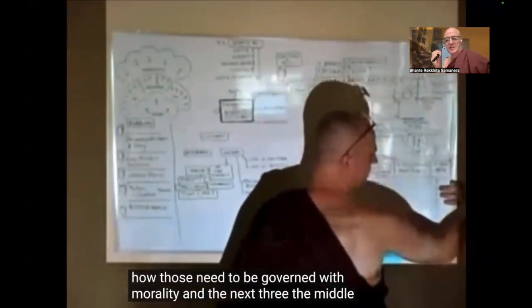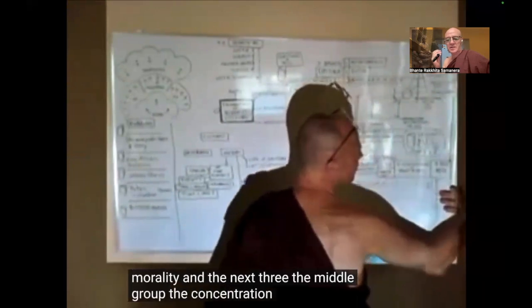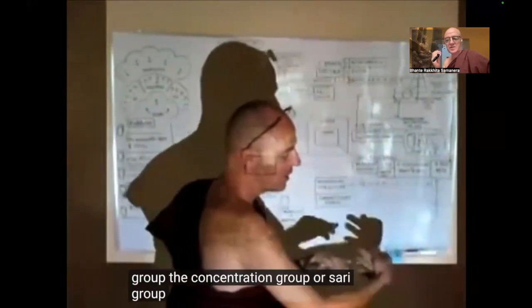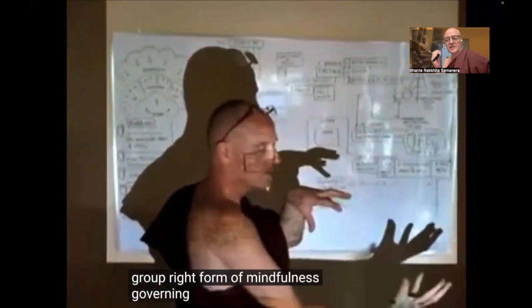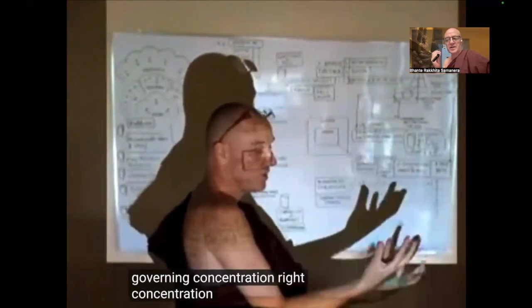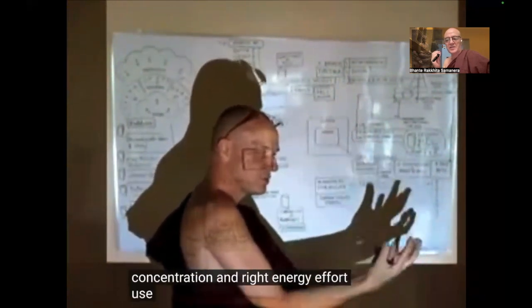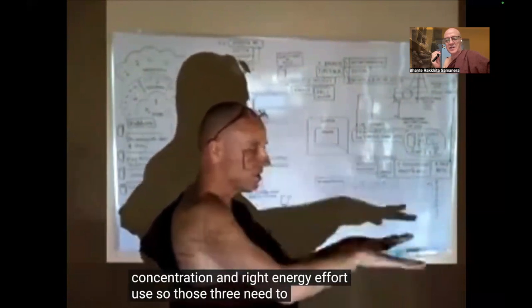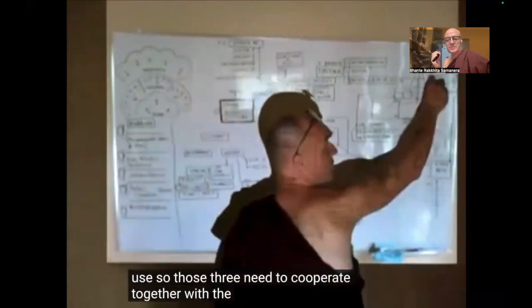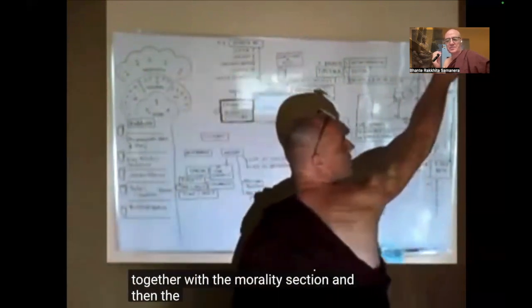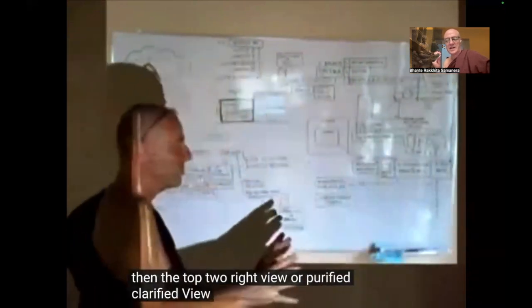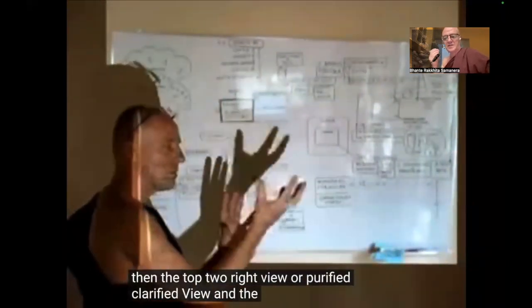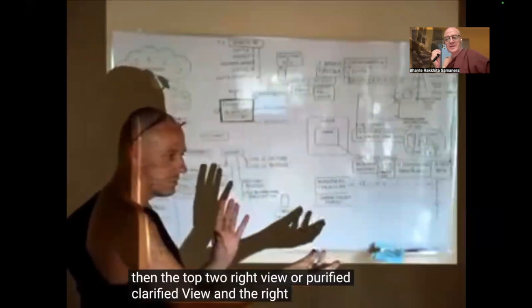The next 3, the middle group, the concentration or samadhi group: right mindfulness, governing concentration, right concentration and right energy, effort. Those 3 need to cooperate together with the morality section. And then the top 2, right view, or purified, clarified view, and right aim.